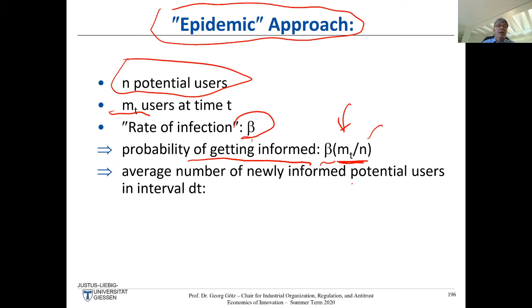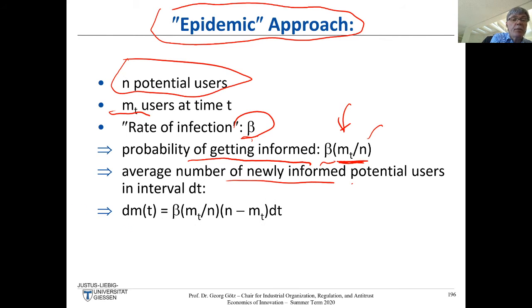Okay, and then therefore you get some average number of newly informed potential users on this interval. So dM/dt is just the change in the number of users. This is the number of new infections. And the number of new infections is just the probability that someone gets infected, okay? And who can get infected? Only the people who are not yet infected.